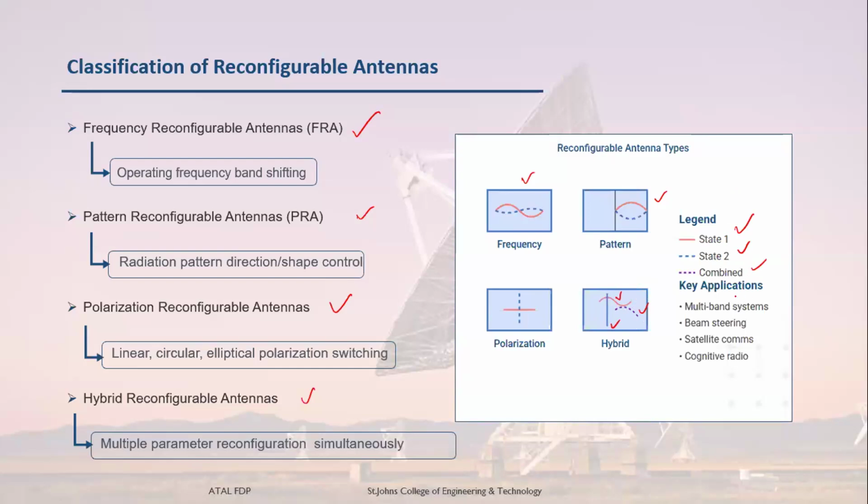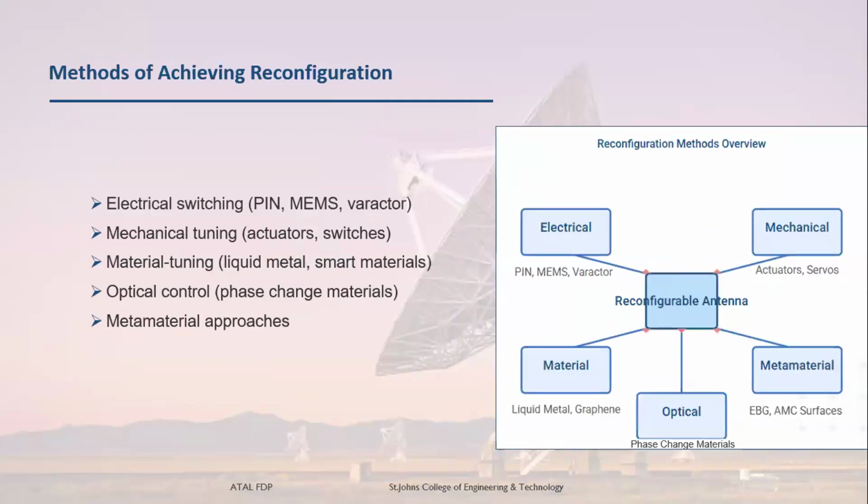Okay. So as I told you, there are different applications. One is the antenna operating at multiband, beam steering. Of course, it can be used for satellite communication. Cognitive radio, as I mentioned, is a very important application of reconfigurable antennas. Then how do you achieve this? We are talking about the parameters.